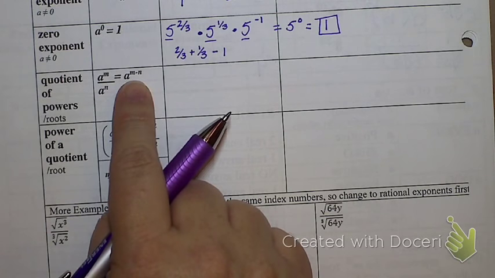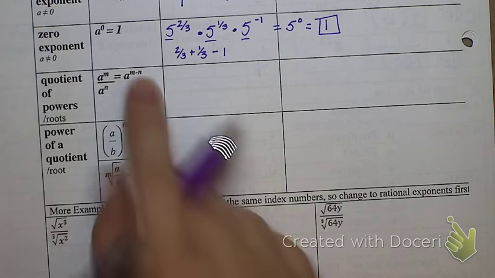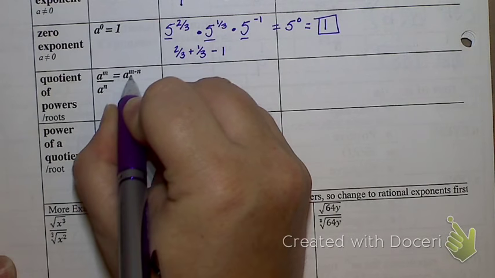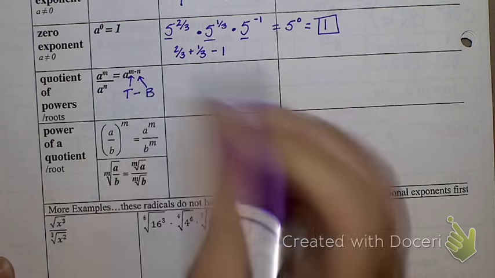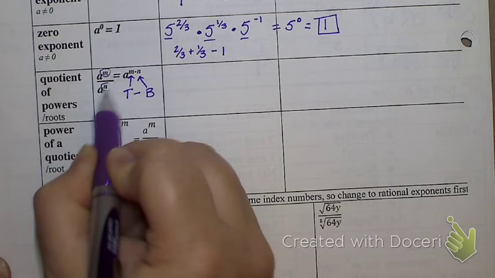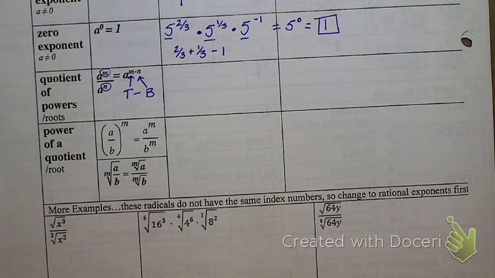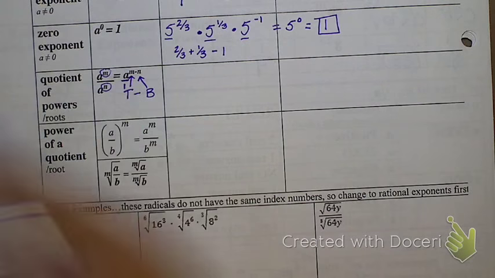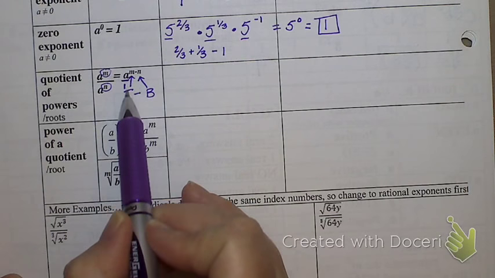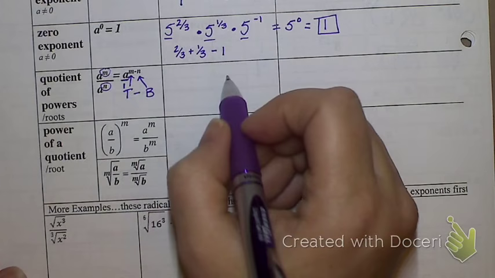Subtract them. Now, the important part here is when you are subtracting fractions, it is always top minus bottom. So the top exponent minus the bottom exponent. Okay? And do you notice that the answer is on the top of a fraction? Okay? That's just kind of important to recognize.